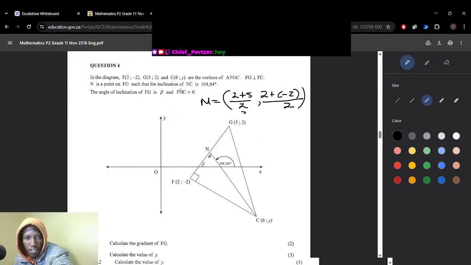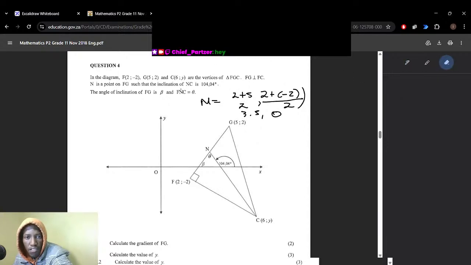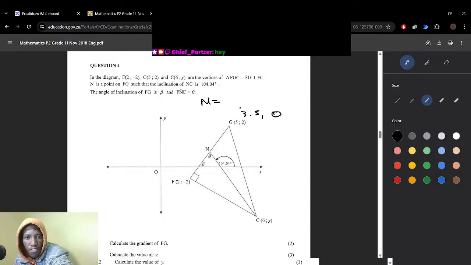The x-coordinate gives you 3.5, but 2 plus minus 2 will be 0, so 0 over 2 is 0. So this would be the coordinates of N, or rather of a midpoint, which is (3.5, 0).